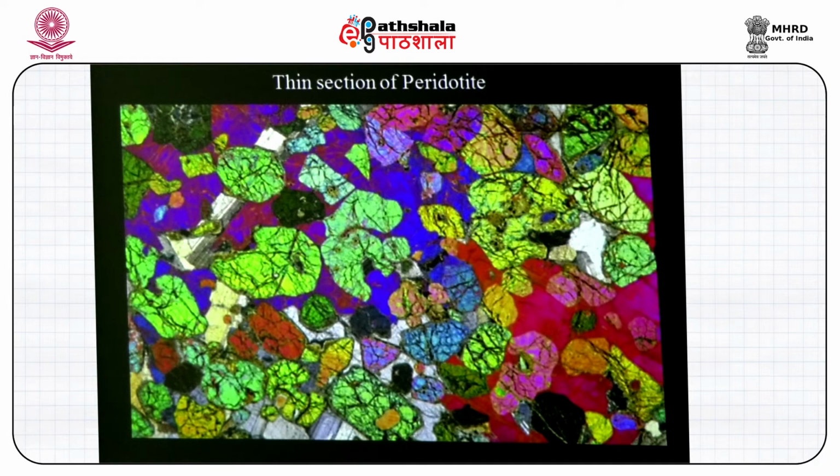When they intrude as plutonics, they form peridotite. When it comes to the surface, they can be komatiite, they can be komatiitic basalt, so very, very high magnesian rocks. High magnesian content is reflected by the presence of these big crystals of olivine, which you can see here. Many times we also see olivine as phenocryst in the olivine basalt, which we can show in some other slides.